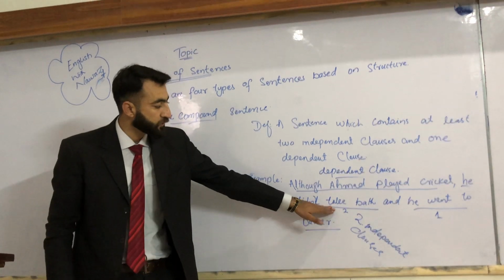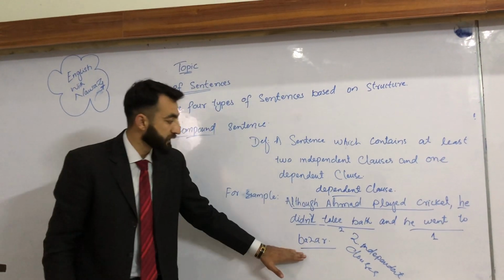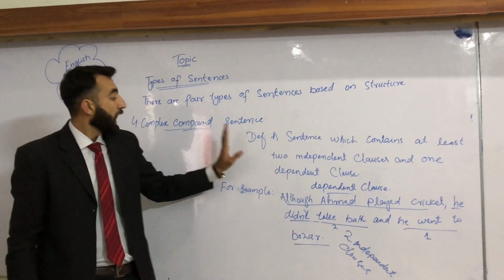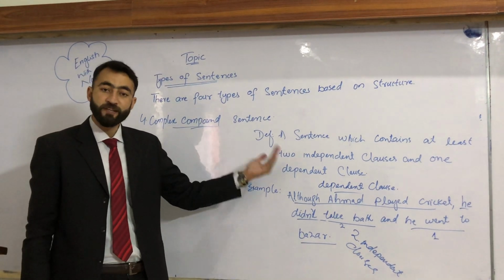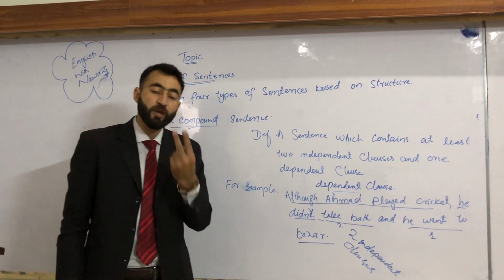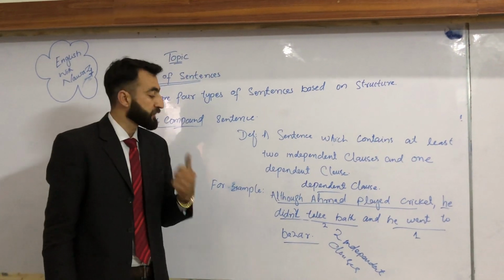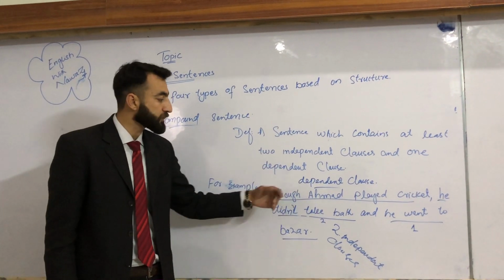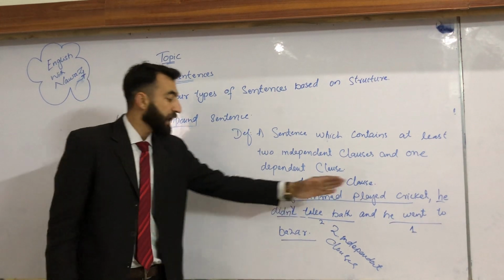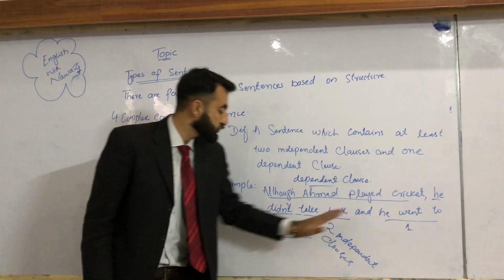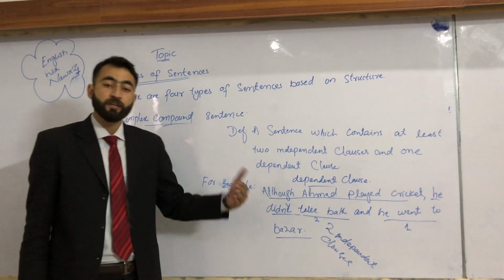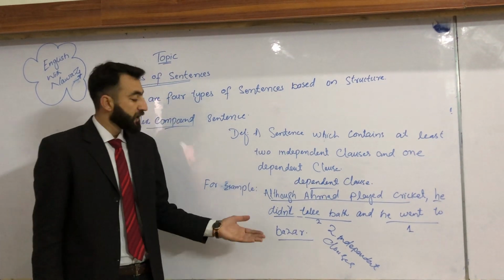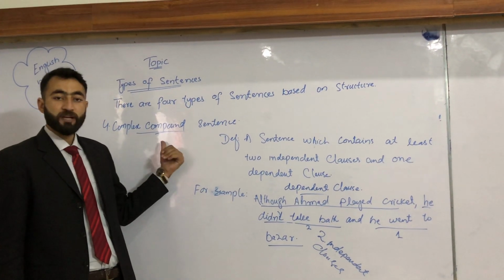This is an independent clause, and the second one is also an independent clause. And we say that a complex compound sentence contains at least two independent clauses and one dependent clause. So although Ahmed played cricket became the dependent clause of the compound complex sentence, and he did not take bath and he went to bazaar are two independent clauses, and it became part of the complex compound sentence.